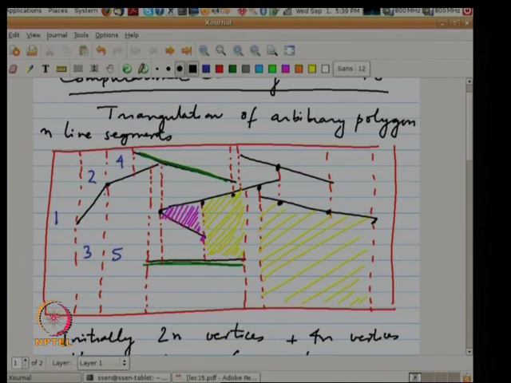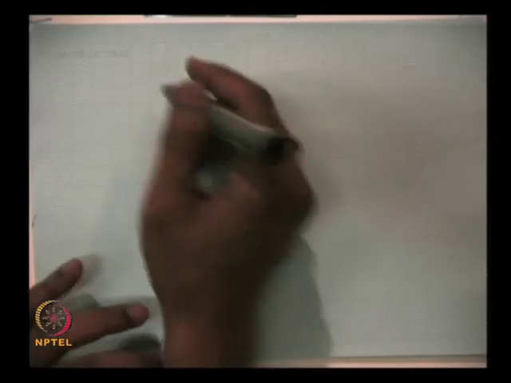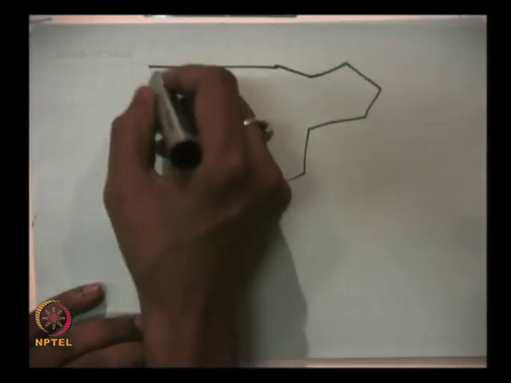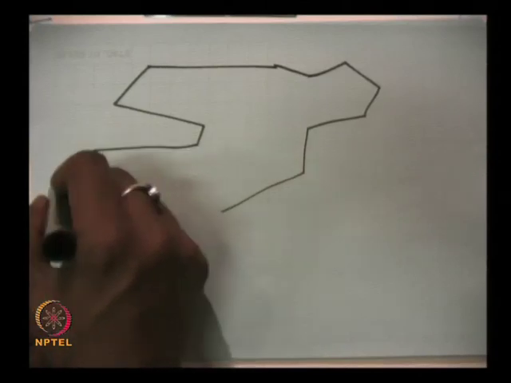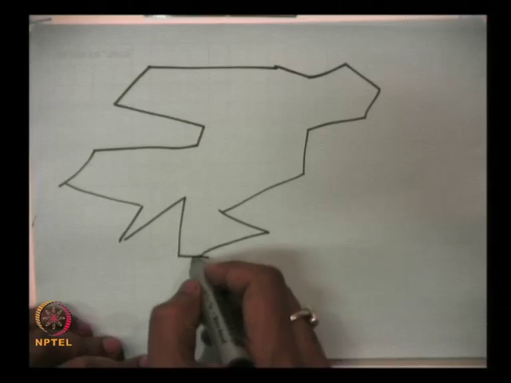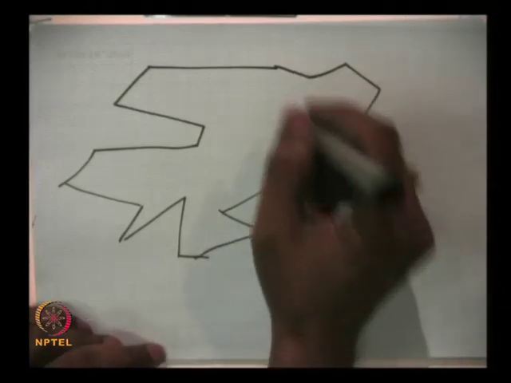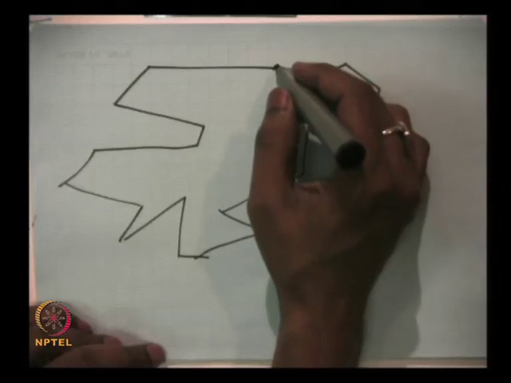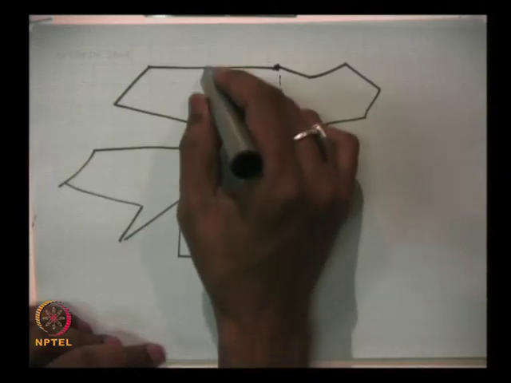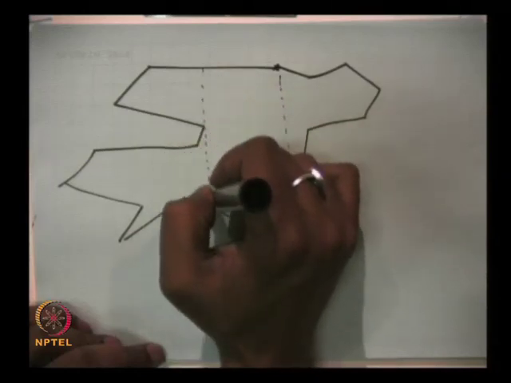So let me shift to the other one. Now, when we do the vertical visibility map, we are drawing these vertical lines.